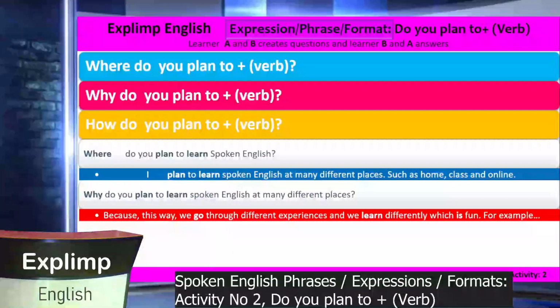For example, we learn at home, which is easy, relaxed. We learn at school with our friends, which is fun, like you learn from each other, you share your ideas. And online, you get more ideas from across the globe. You watch videos and you search the internet and see how people learn. So you get more ideas online.